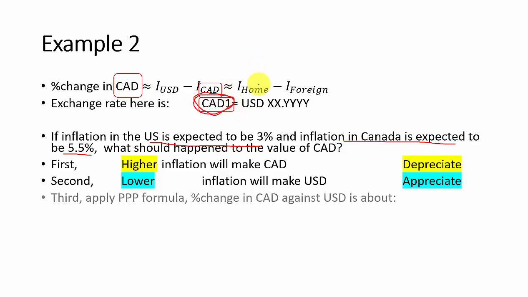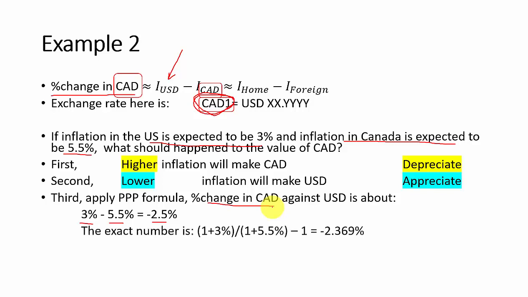So we apply the formula: percentage change in Canadian dollar equals inflation in the US, 3%, minus inflation in Canada, 5.5%. It gives you negative 2.5. It means the Canadian dollar dropped by about 2.5%.